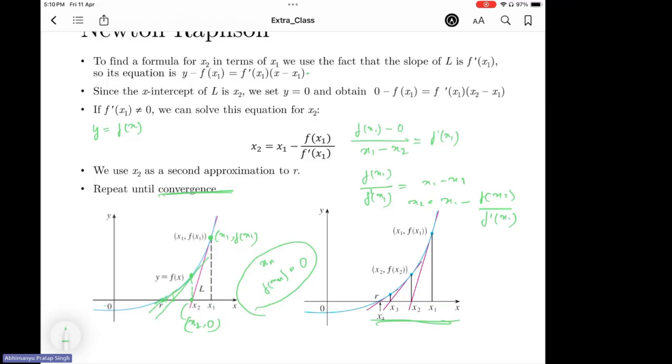This I showed you is for a single variable. We can extend this case to multivariable.